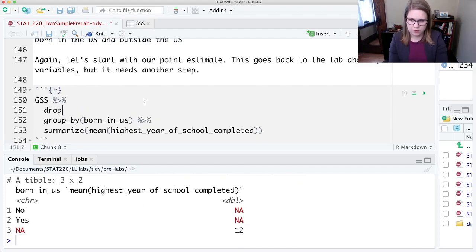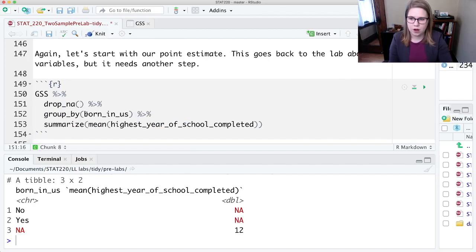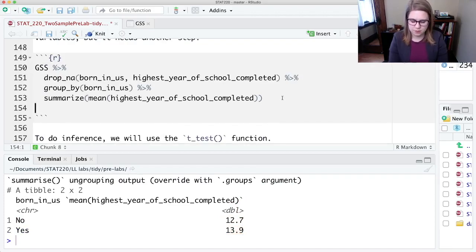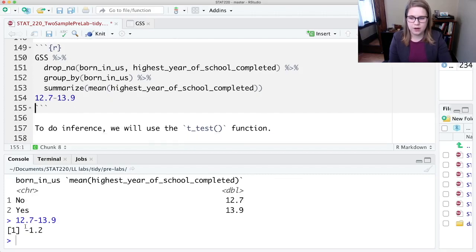So I'm going to stick in that drop NA function. And I want to drop NA on born in the US and on the highest year of school completed. So we'll do both of those. Control Enter here. Okay, so there are our means. And I could find the difference in means, 12.7 minus 13.9, negative 1.2.